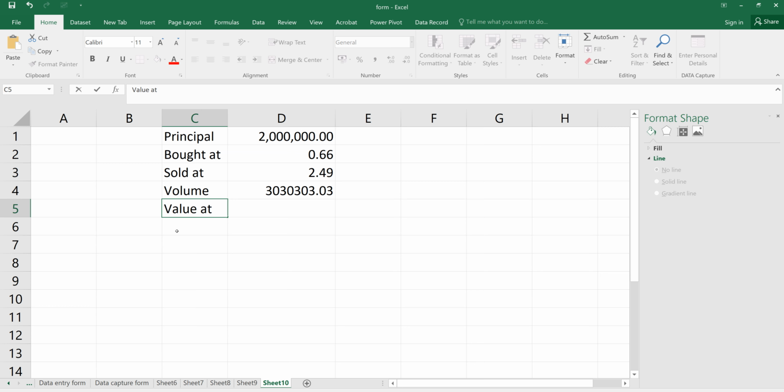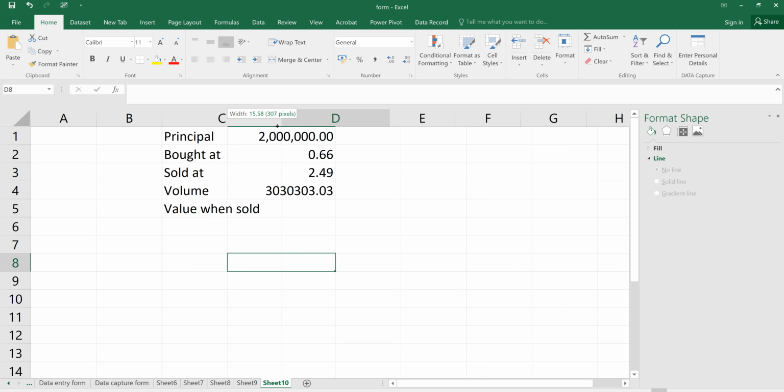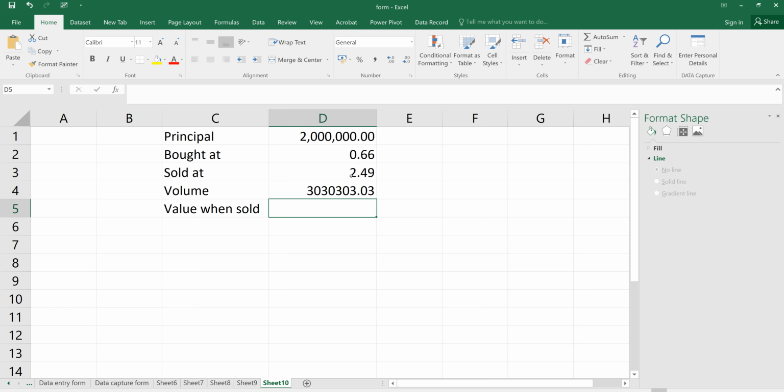The volume times the sold price is the value. Let us look at this in numbers.